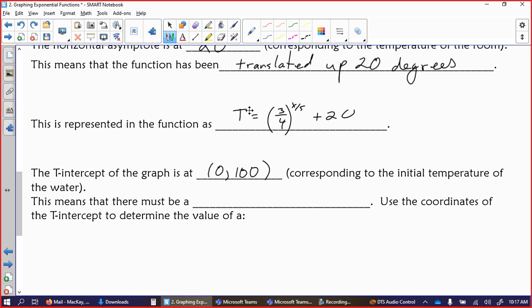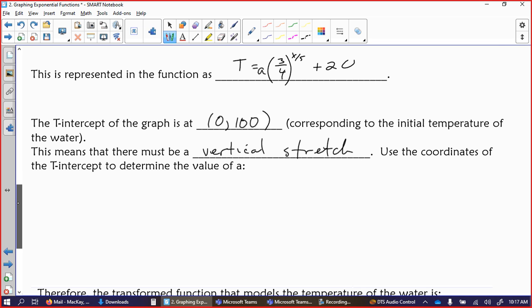Because technically we have an a value here, which we haven't figured out. Because that's not (0, 1), there must be a vertical stretch. Because that 20 is there, we can't just say a is 100 and go from there. We have this point. Well, there's our x, there's our t. If we have everything here, we can solve for a.